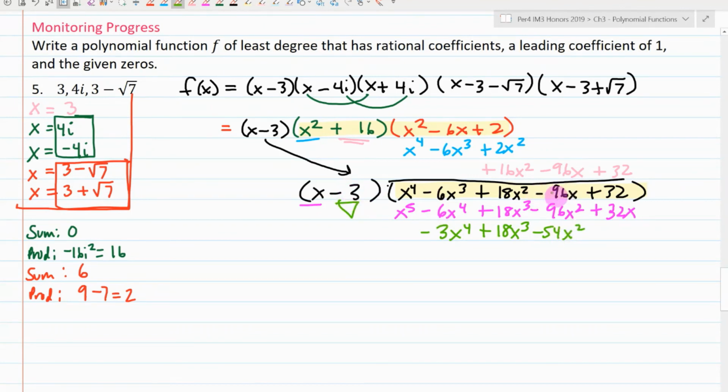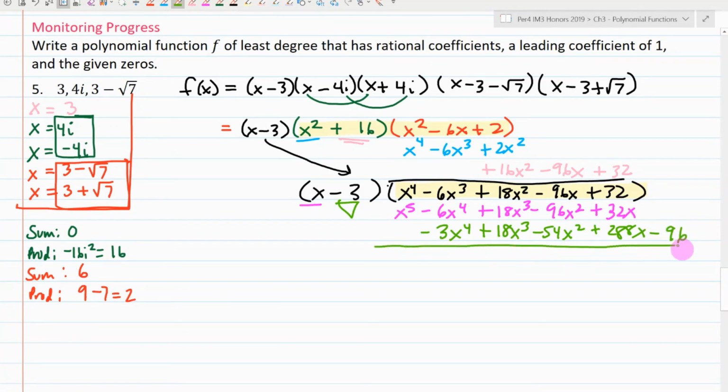Negative 3 times negative 96x. What's that? 270 and 18, so 288. And negative 3 times 32, which is negative 96.